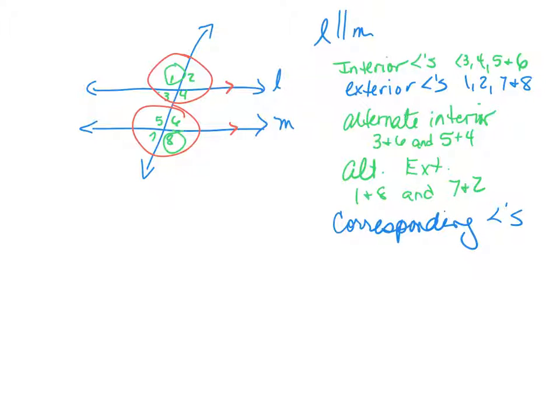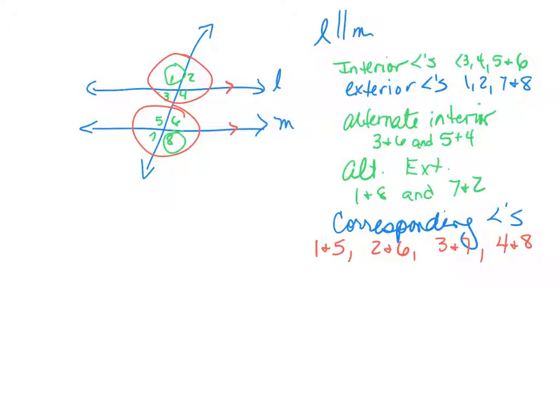Well, what angle is in the same position as angle 1 in the second one? 5. 1 and 5. Give me another pair of corresponding. What about 2? 2 and 6. Somebody else. 3 and who? 7. 3 and 7. What about 4? 4 and 8. Okay? Those are corresponding.